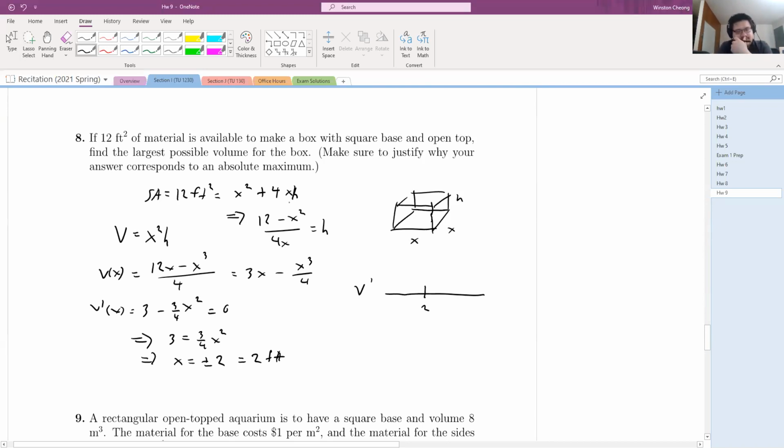I don't like that. But what is true is that v of 0 is equal to 0. I am going to put that down because v of 0 I can directly see is going to equal 0 if I let x be 0. I can easily calculate what the volume of that would be.